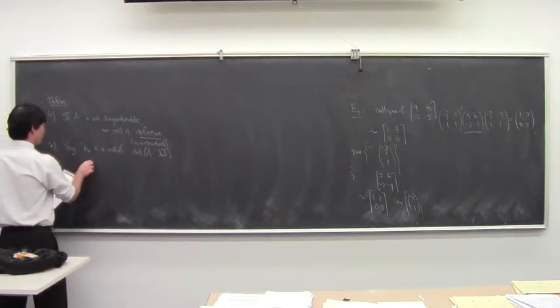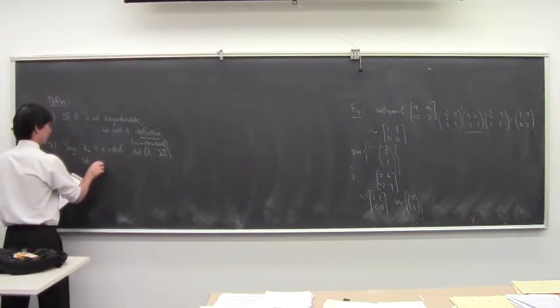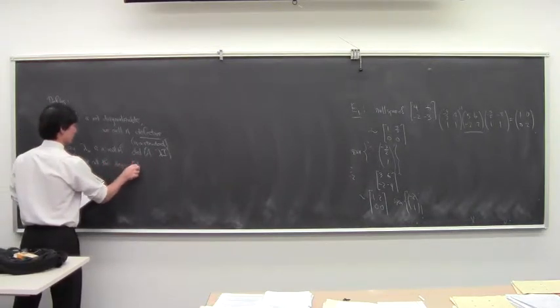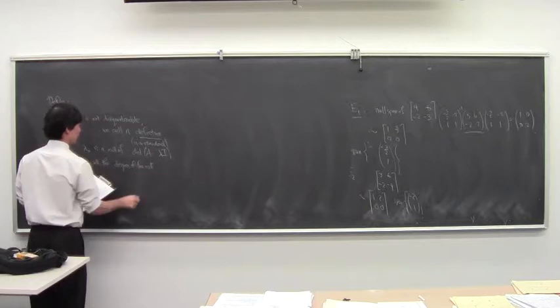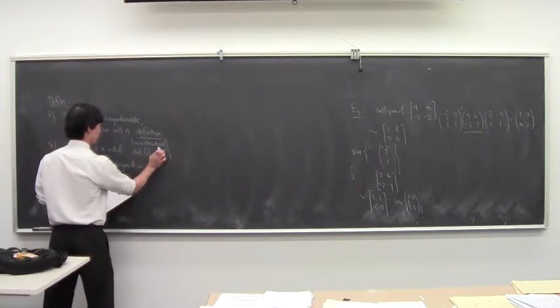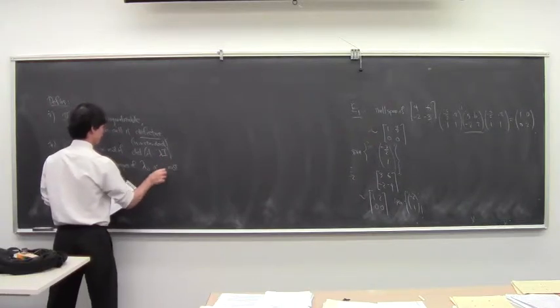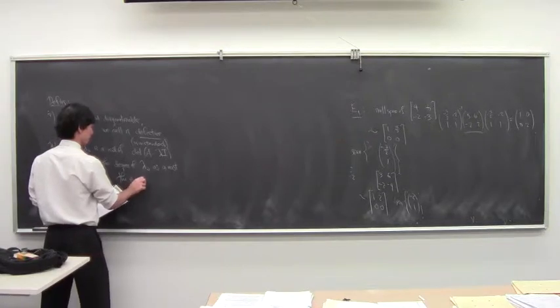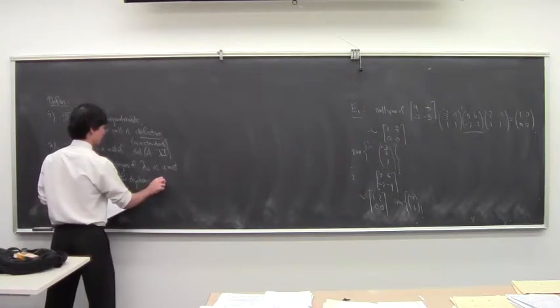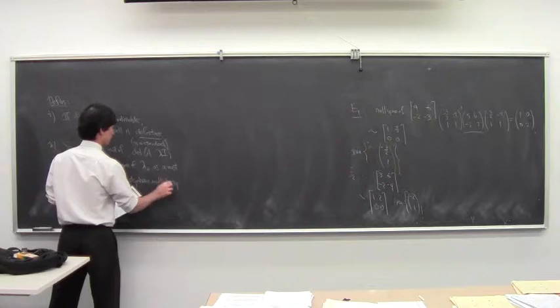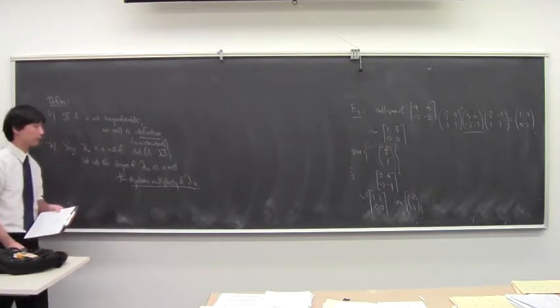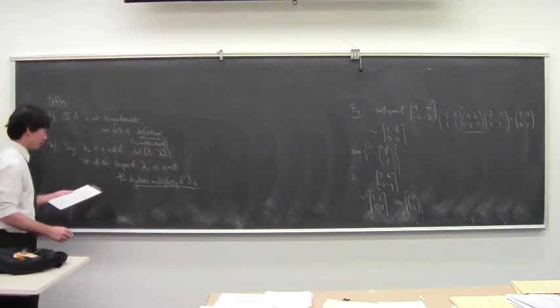We call the degree of lambda naught as a root the algebraic multiplicity of lambda naught.